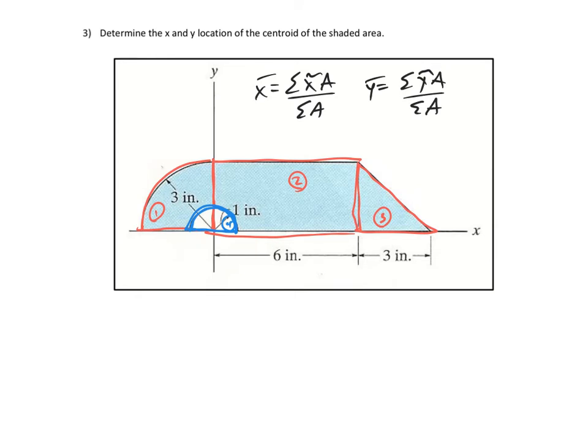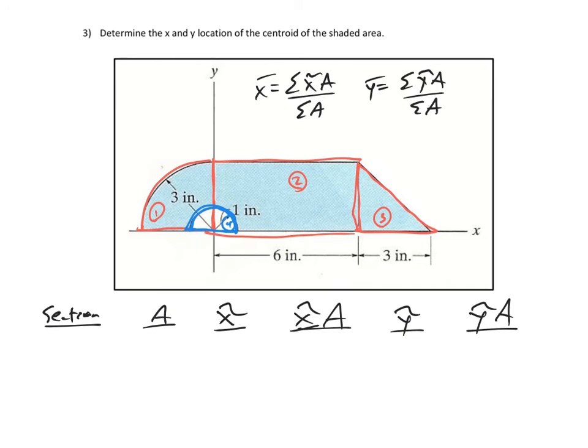All right, and I like to make this chart to make it easier for me. Break it up into sections, section 1, 2, 3, 4. Write each one's area, each one's individual x tilde, multiply x tilde times a, each one's y tilde, and y tilde times a for that.